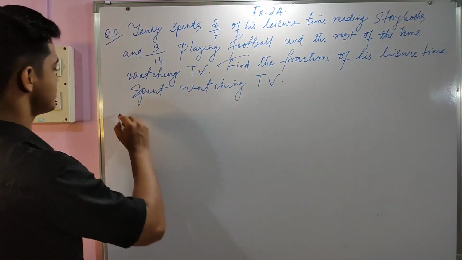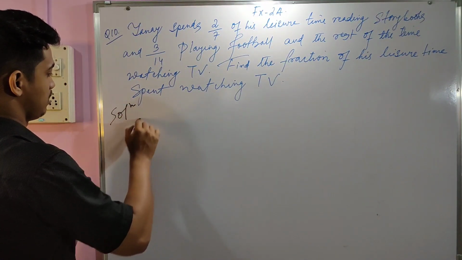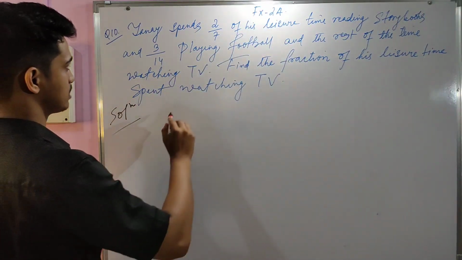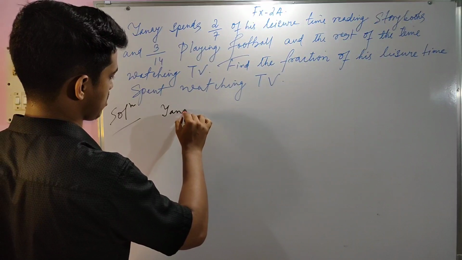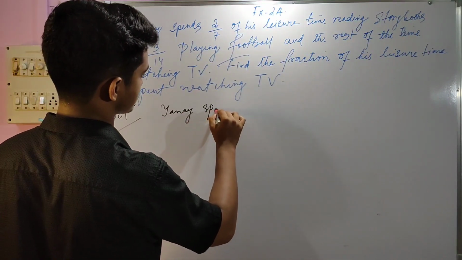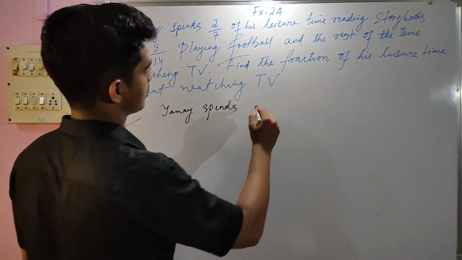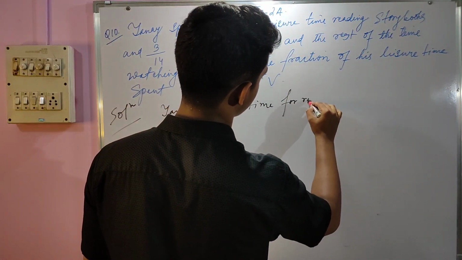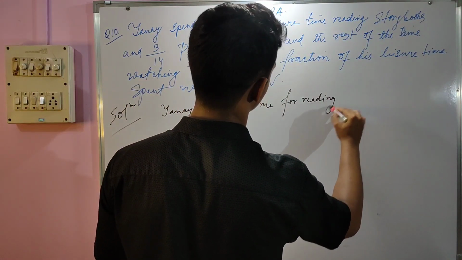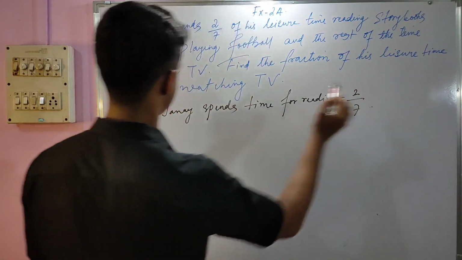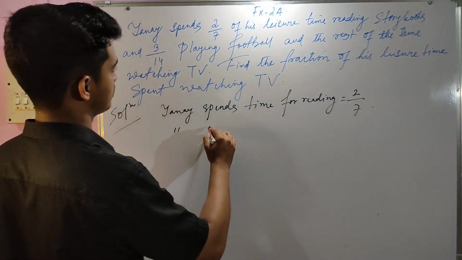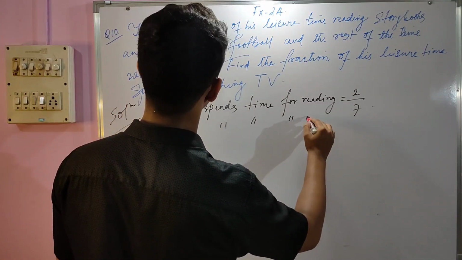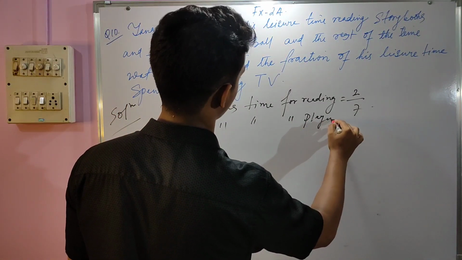Now how to write this? First we have to write: Tanay spends time for reading equal to 2 by 7. Tanay spends time for playing, how much?